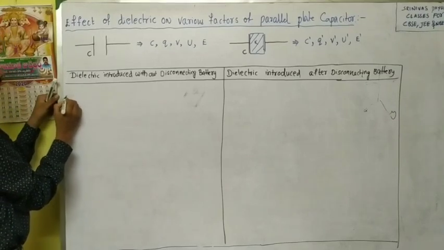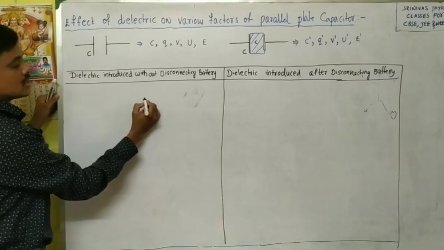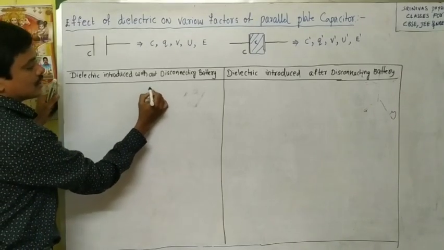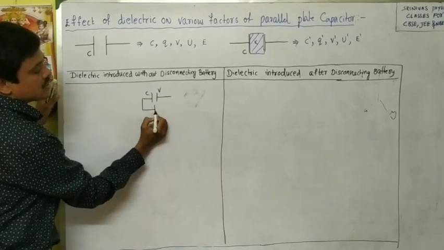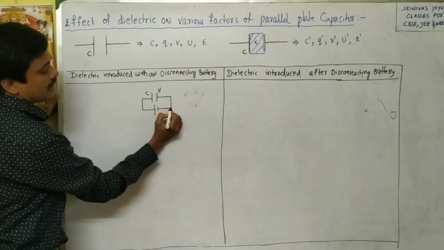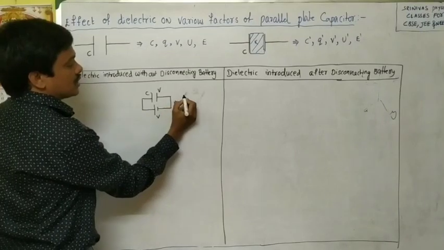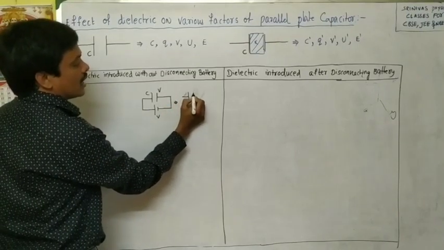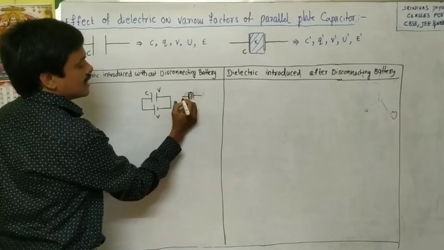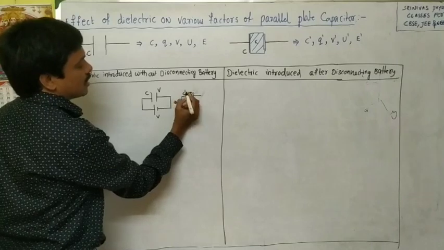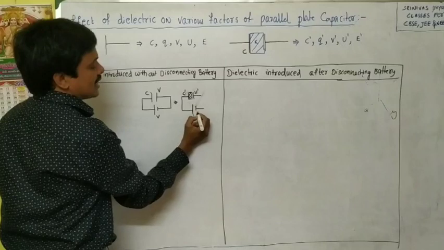Firstly, the capacitor is charged to a potential V by using a battery, and the battery potential we can consider as V. Now we are introducing the dielectric slab. After introducing it, the capacitance is C dash and the potential is V dash, and the battery potential is again V.